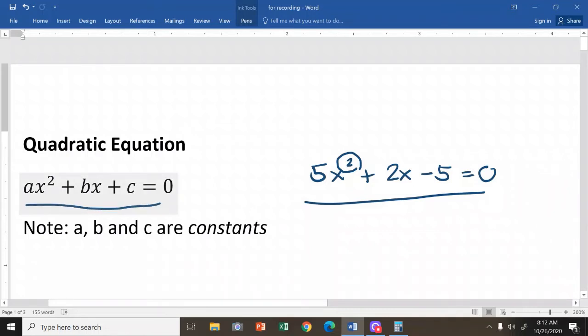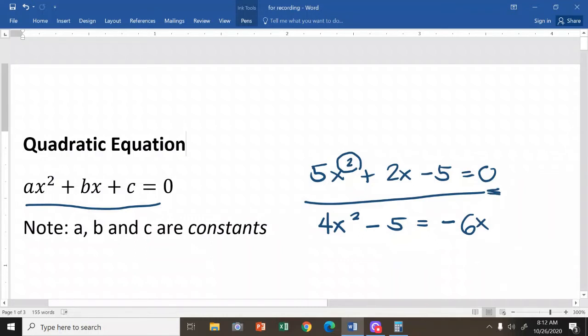Ngayon, kapag ang quadratic equation nyo, hindi siya nakasulat into the standard equation, pwede naman natin siyang i-arrange. For example, kunwari meron kayong 4x squared minus 5 equals negative 6x. Para masabi natin na siya ay nasa standard equation, dapat yung kanyang right side is equal to 0.